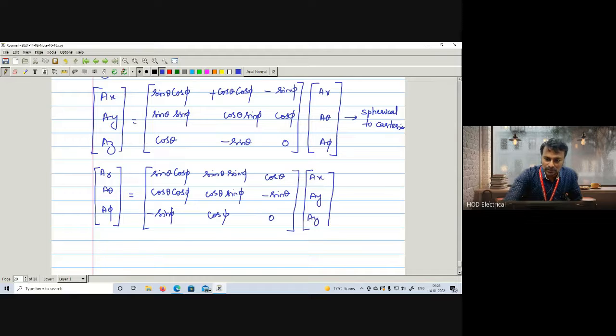This matrix will help us to convert Cartesian to spherical coordinate.